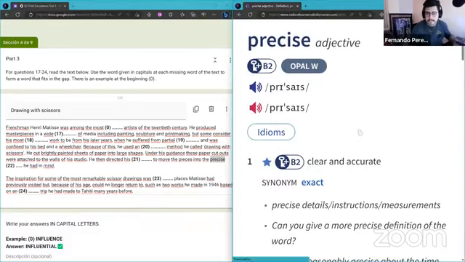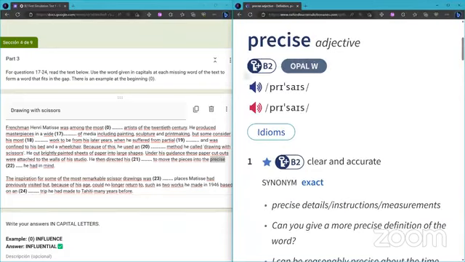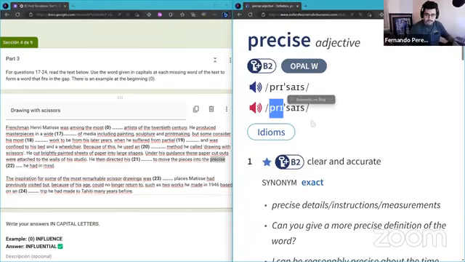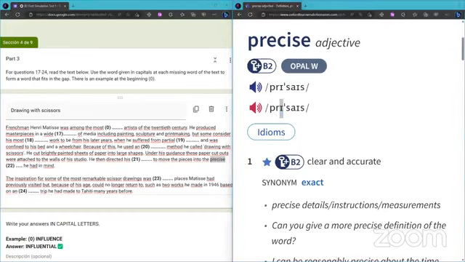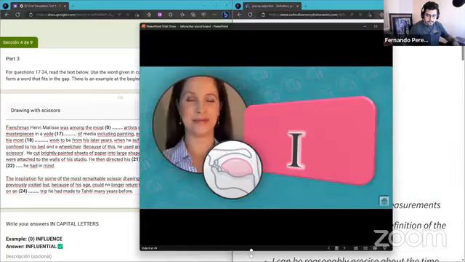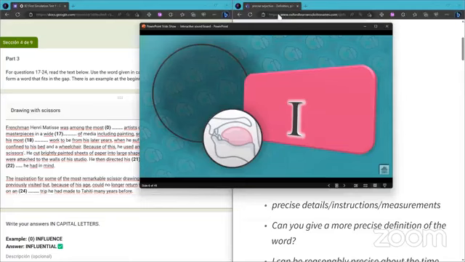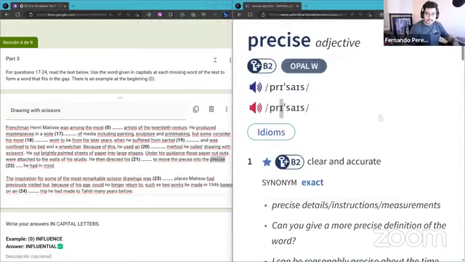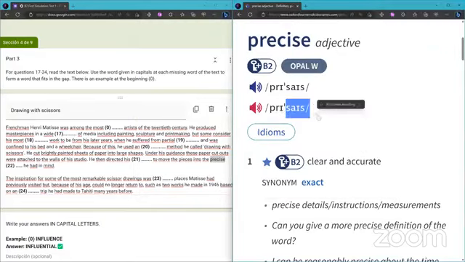Pronunciation. How do you pronounce this word? This is precise, not pride. Pre, precise.